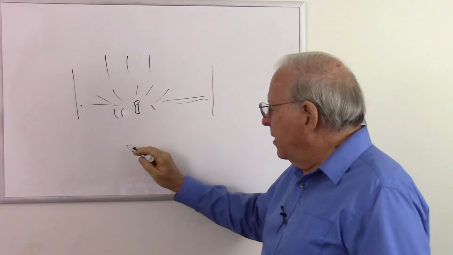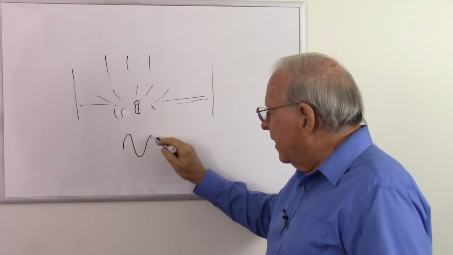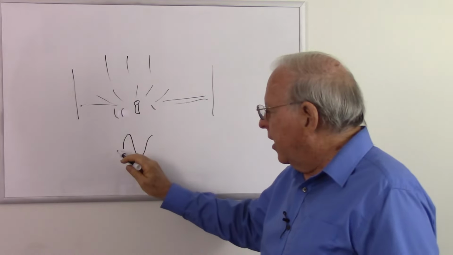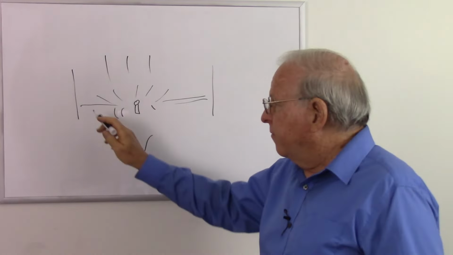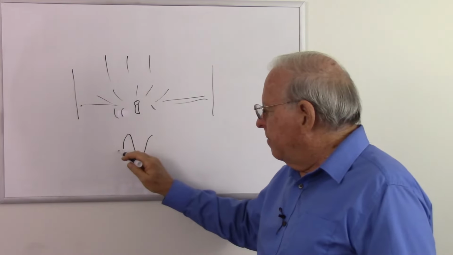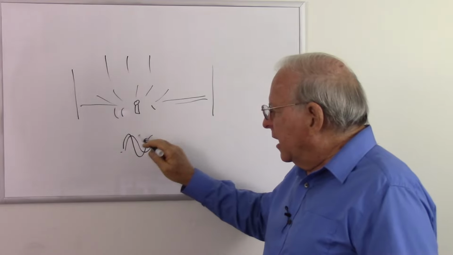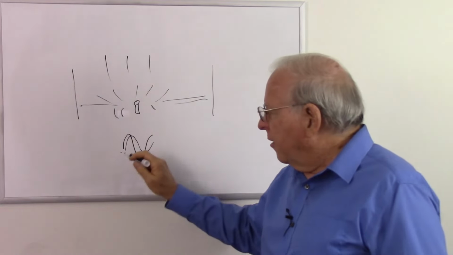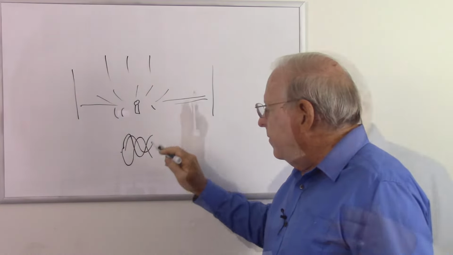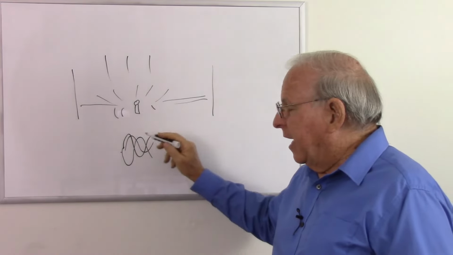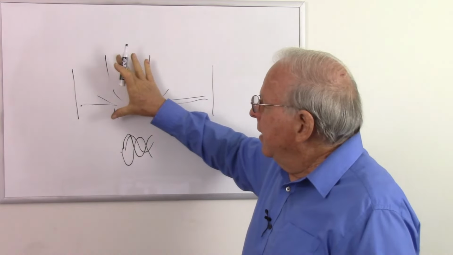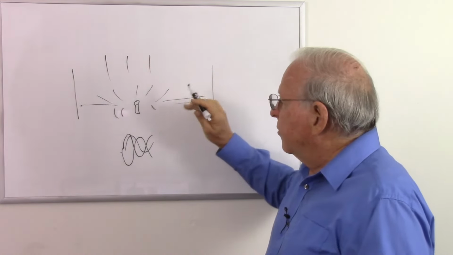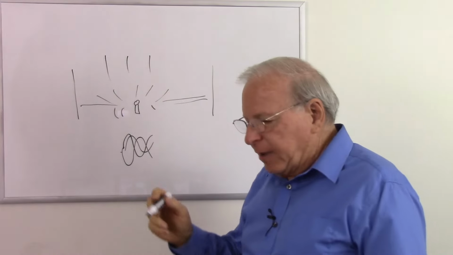So the sounds coming in directly, they're going to peak and valley at the same time, but sounds coming from the side, depending on where they're reflecting from, directly off the side, they might be just a little bit late. Another part of the wall, they might be completely inverted in their phase and cancel out. So we're going to get a great modification of how the sound comes into this microphone.